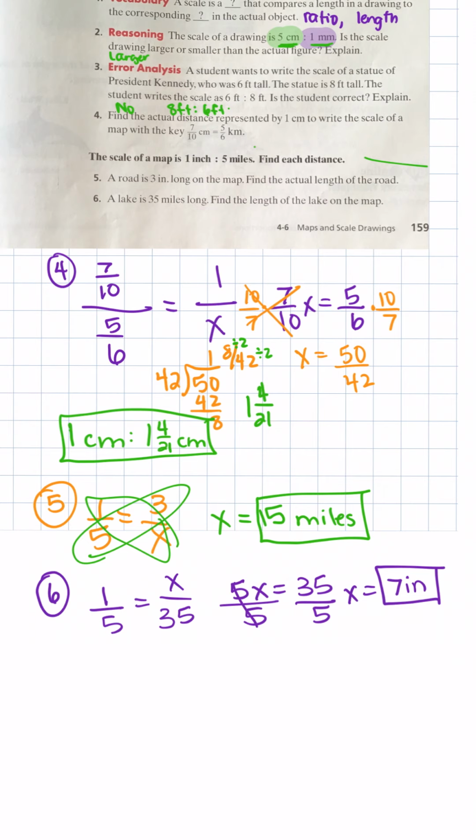Okay, so you should have got 1 centimeter is equal to 1 and 4/21 kilometers. Sorry, kilometers. Number 15, 15 miles, and number 6, 7 inches.